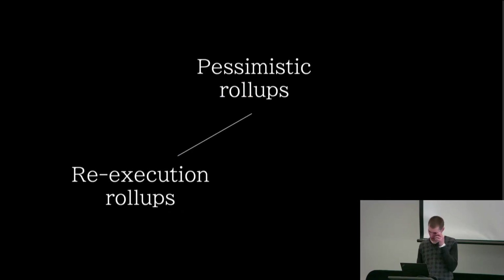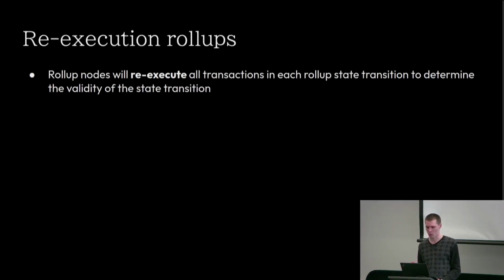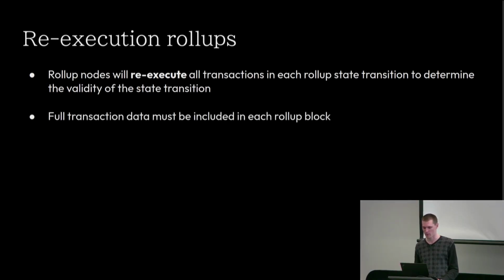Let's take a closer look. Within the pessimistic rollup category, we have re-execution rollups. These are rollups where the nodes will actually just re-execute all of the transactions in each rollup state transition to determine the validity of the state transition.